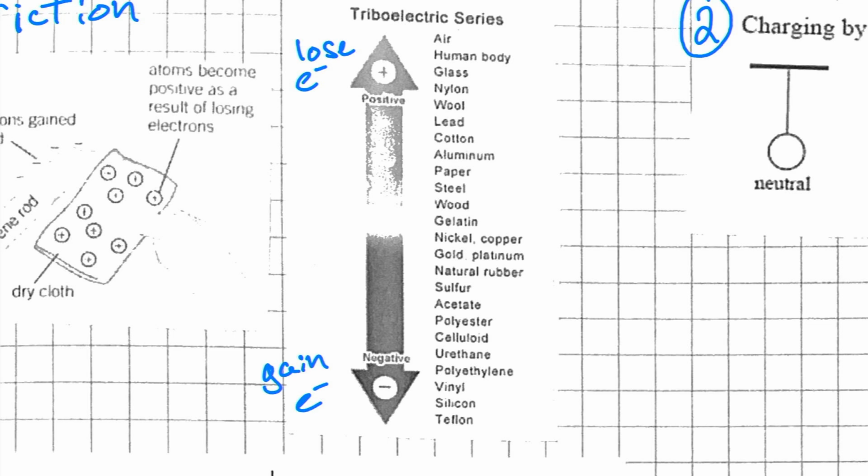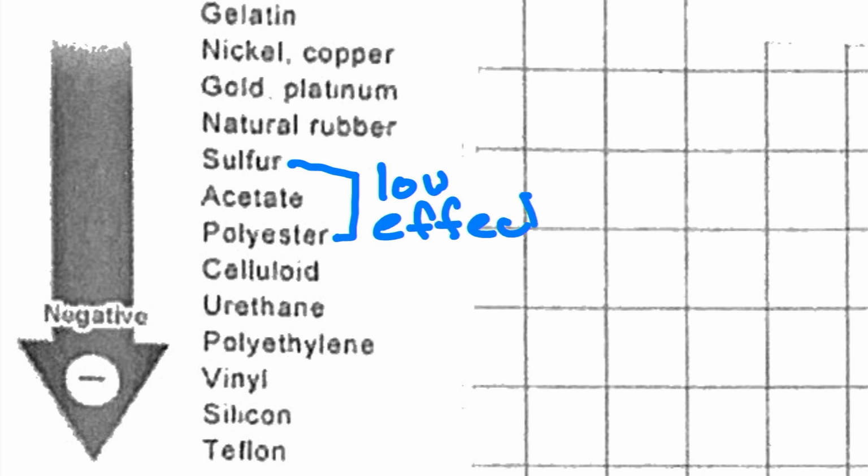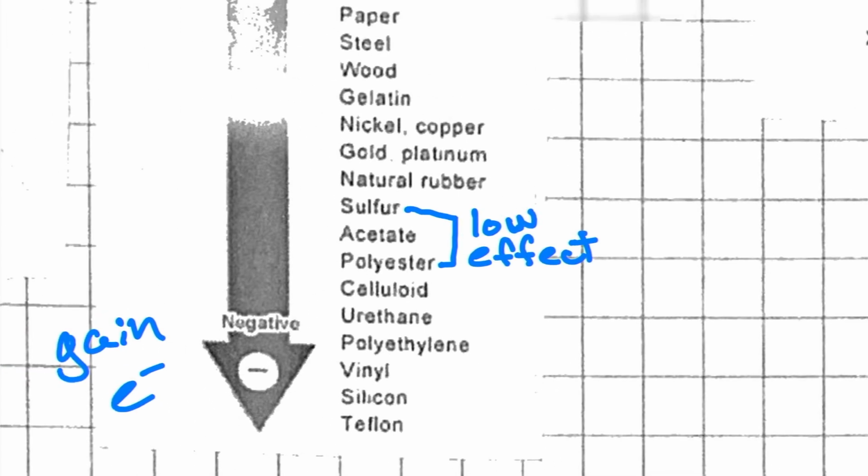So for example, if I was to rub sulfur and polyester, that would have a low effect because they're pretty close together on the series. The one that's lower down is going to become negative. So the polyester would become negative, the sulfur would become positive, but you wouldn't see a large amount of charge transfer.